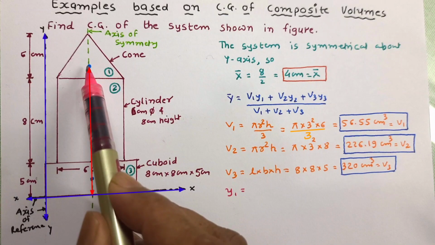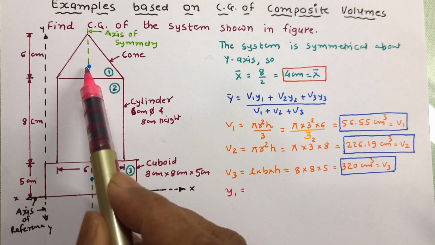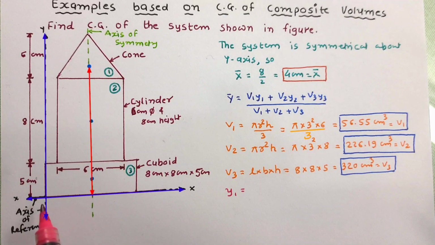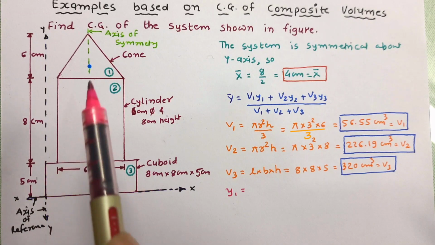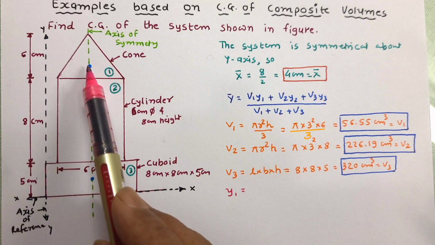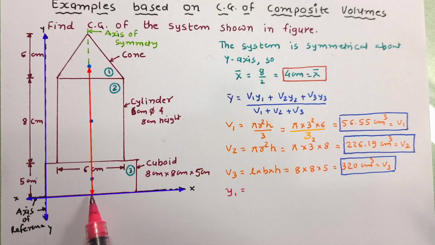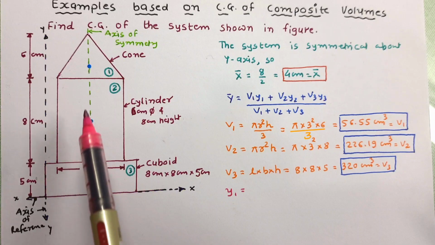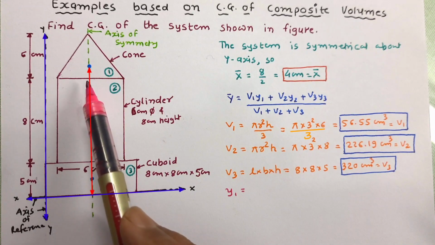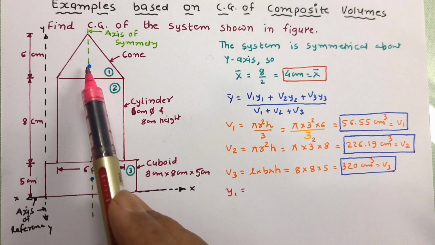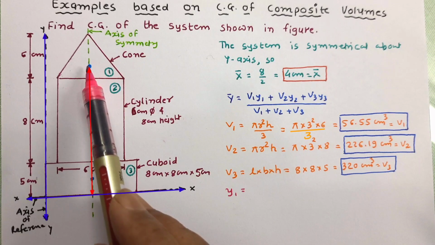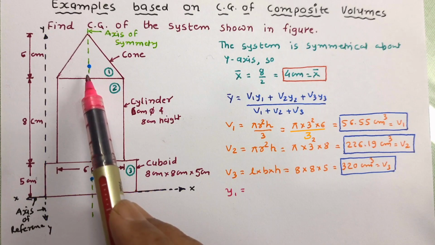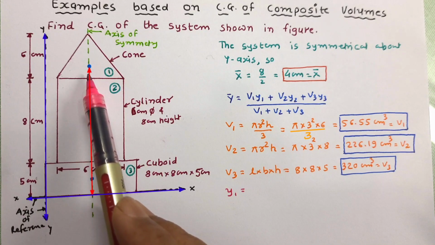Y1 is the distance of centroid of cone, that is first object, from reference x-axis. So it is the distance from this point to this axis. So this height is known to us, it is 5 centimeter. Height of cylinder is also known to us, that is 8 centimeter. We know that the distance of centroid of cone from the base is height by 4, h by 4.